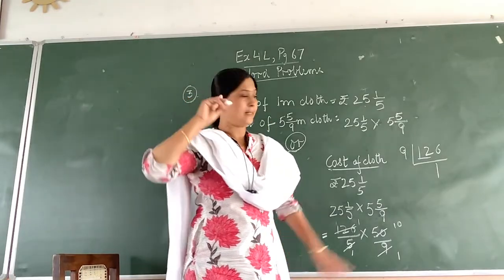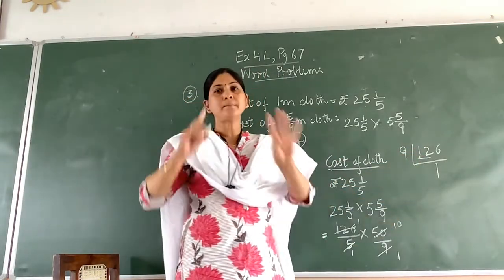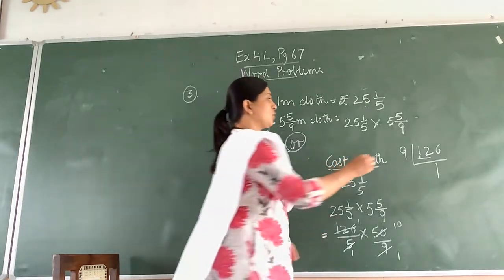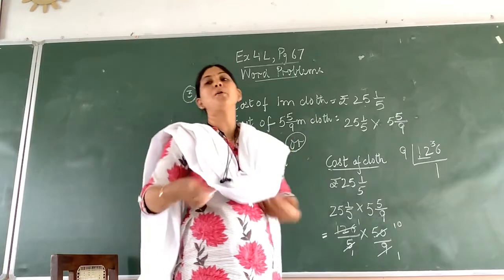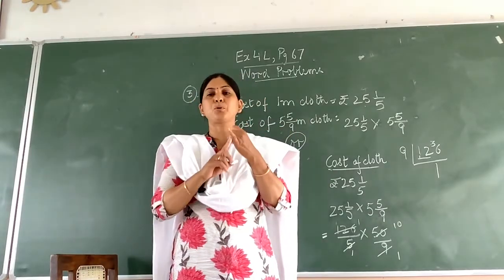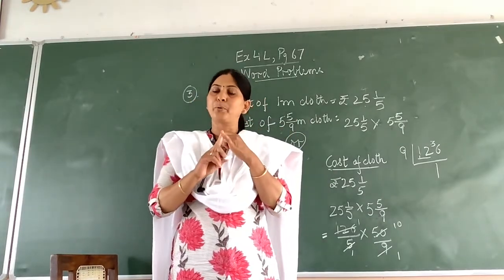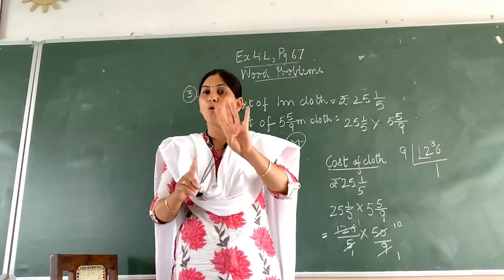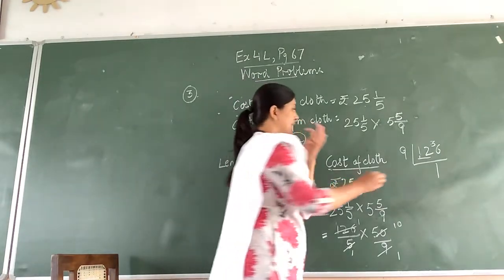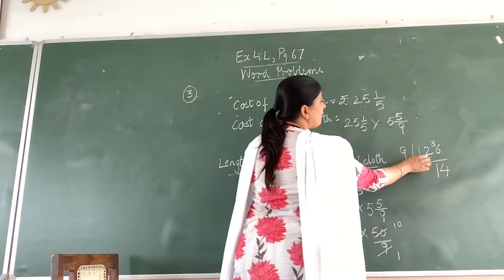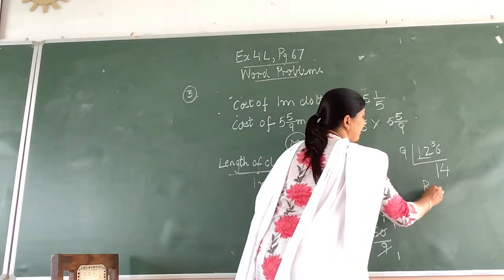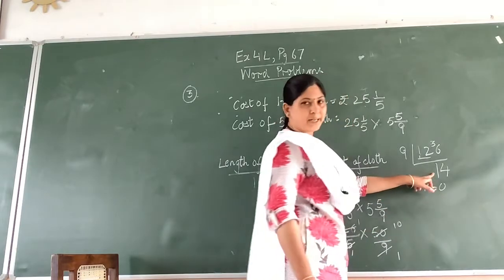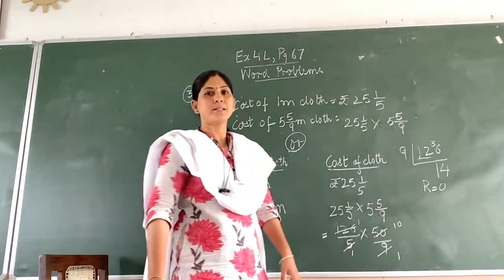Keep 9 in your mind. 12 minus 9, 3. So 3 will go as carry. Now 3 and 6, 36. 9 times 1 is 9, 9 times 2 is 18, 9 times 3 is 27, 9 times 4 is 36. So 4. So when we divide 126 by 9, what do we get? We get 14 and the remainder is 0.